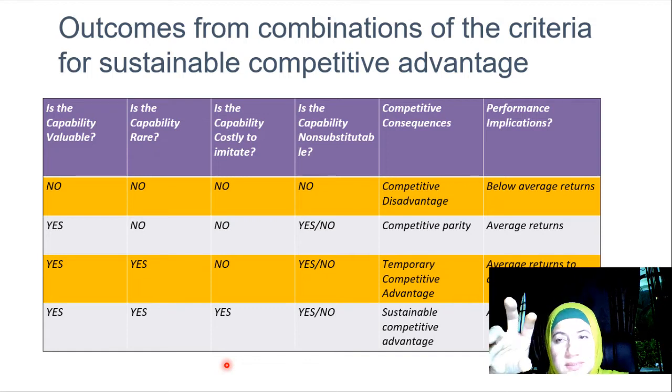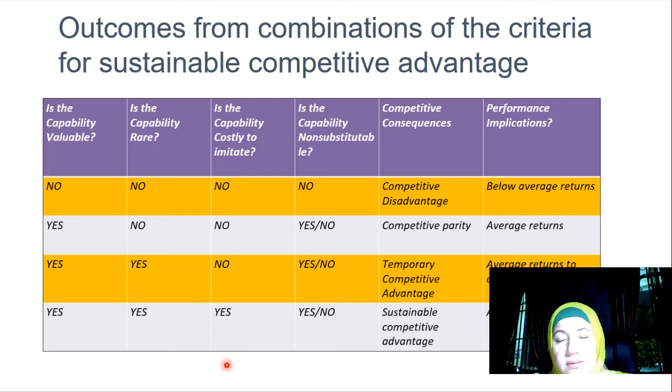So let's say the combinations of the criteria highlighted that there are at least 2 yes out of 4 criteria. So there could be a competitive parity involving your company. So that could lead to your average return. Let's say from the 4 criteria, there are 3 with a yes.